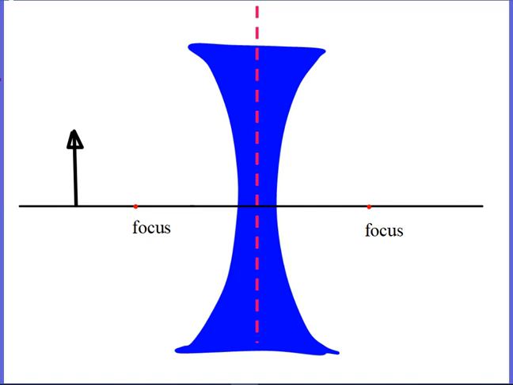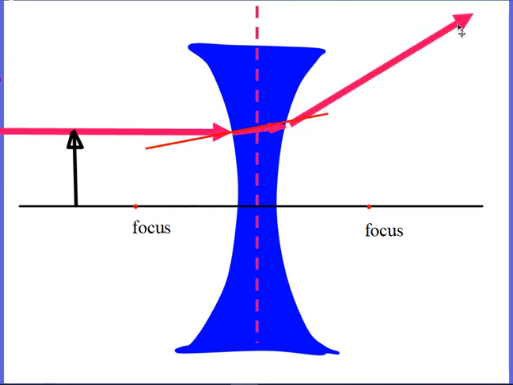Now on to diverging. And this is going to be a different situation. A ray which comes in parallel is not going to continue in a straight line, as we are entering a slower medium, and so instead of continuing straight, it will be bent closer to the normal, and then as it leaves, instead of going straight, it will be bent away from the normal.